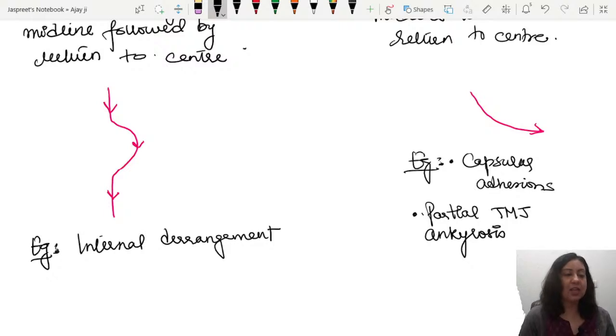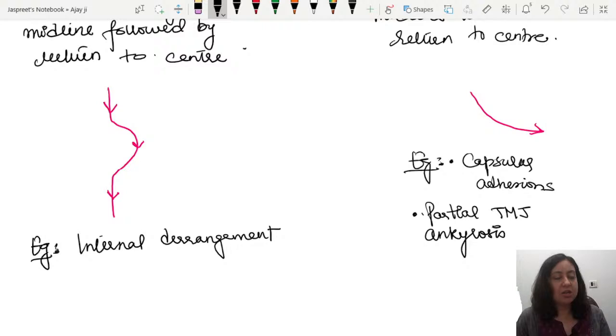So what will happen in partial ankylosis? When you open the mouth, it will suddenly deflect, and when the patient closes the mouth also, it will not come to the center, it will remain deviated or shifted towards one side. Again, go and revise the visuals I showed in Workbook 1 in TMJ ankylosis. When the patient's mouth is closed, it is still on one side. In partial joint ankylosis, on opening it deviates, and it remains deviated on the same side, but does not come back to the midline. That is also called deflection, where the mandibular movements do not return to the midline.